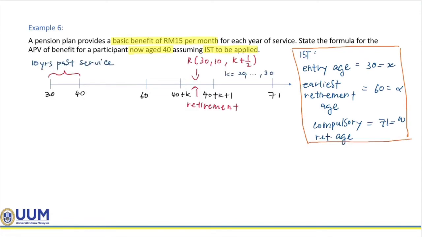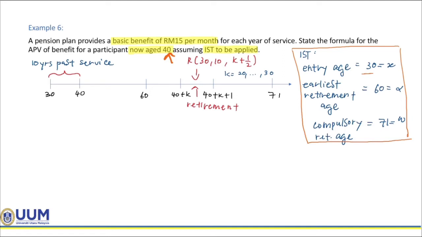So now we draw the timeline. The individual or participant is now at age 40. The entry age for IST is 30, so we start from 30. The past service is 10 years.